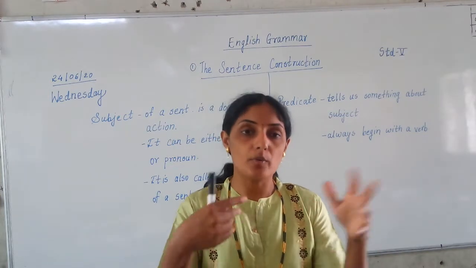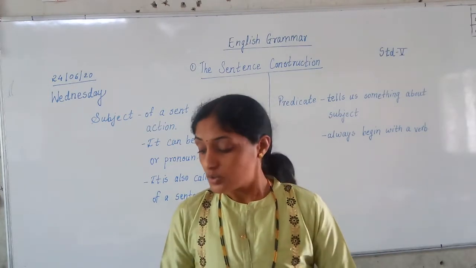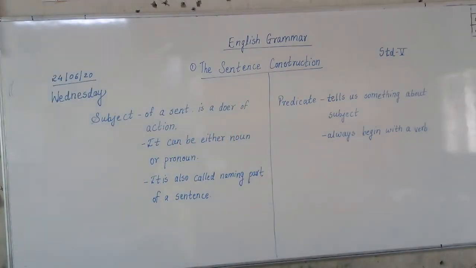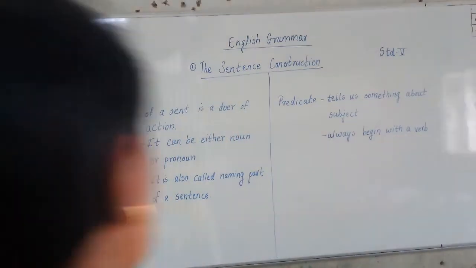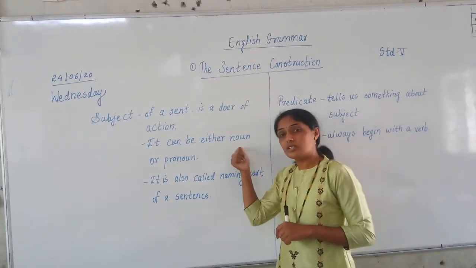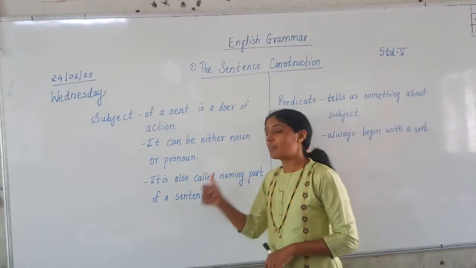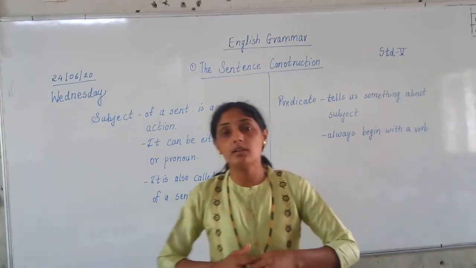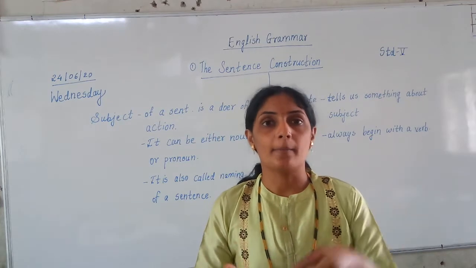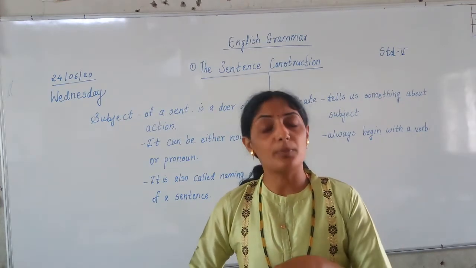Rahul is the doer of action in the sentence. If instead of Rahul we say he acts like Robin Hood, he is a pronoun.